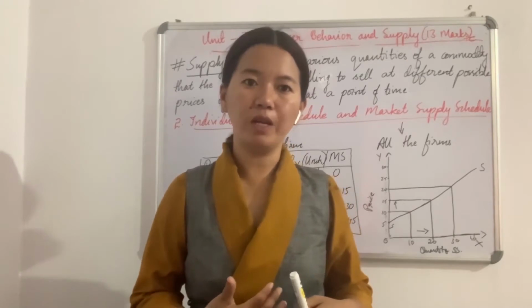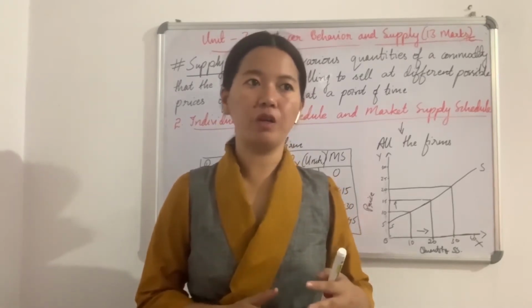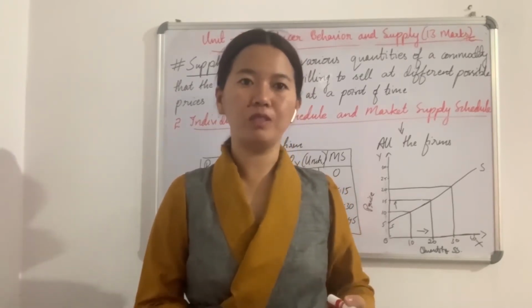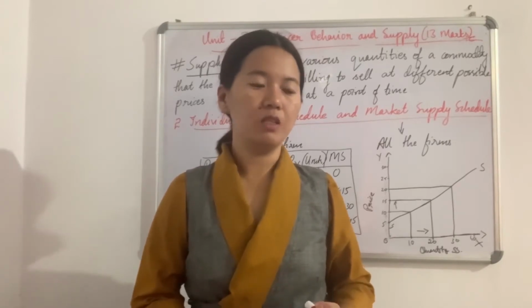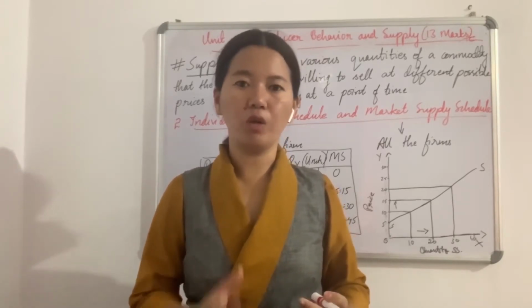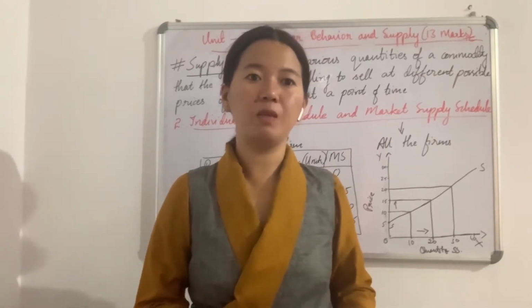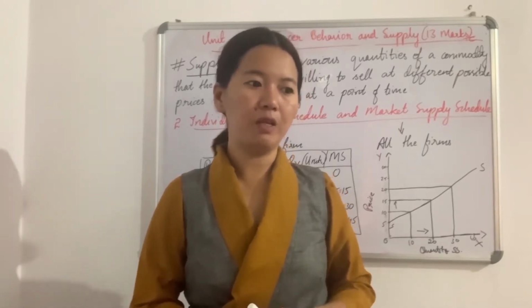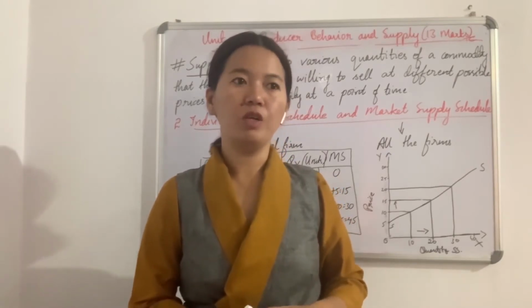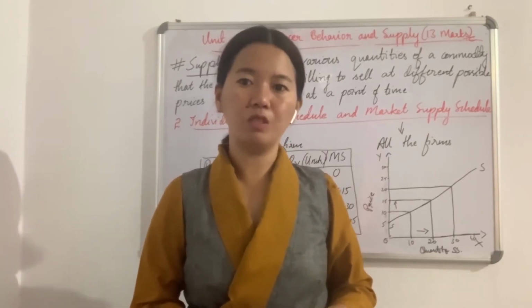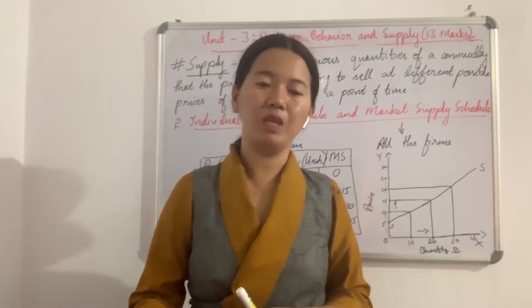And the remaining 490 tons is left with the producer, and that is called stock, because stock generally refers to a quantity of a commodity that he can either use for the present or keep for the future. But supply refers to an amount of a commodity that the producers are willing to sell at a point of time in the market.